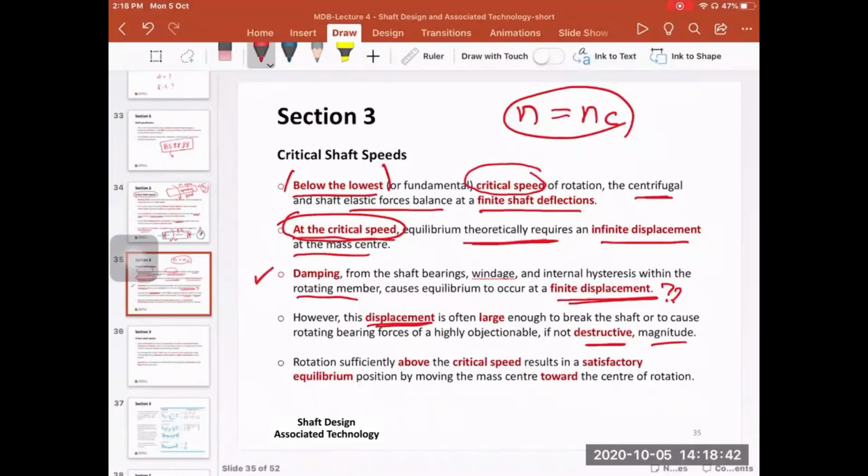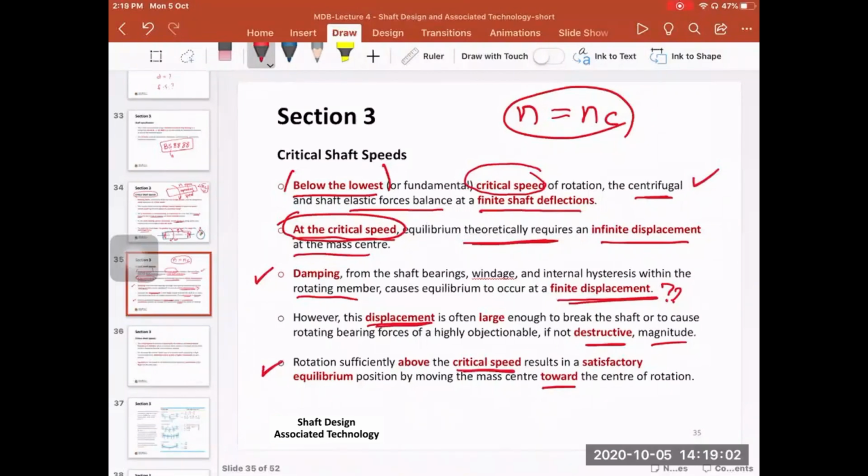Okay, but if we go beyond this critical speed, if the rotating speed of the shaft goes beyond this critical speed, again, we go back to something similar to case one, where the center of mass and the center of rotation go toward each other.